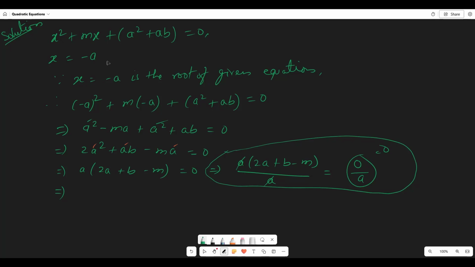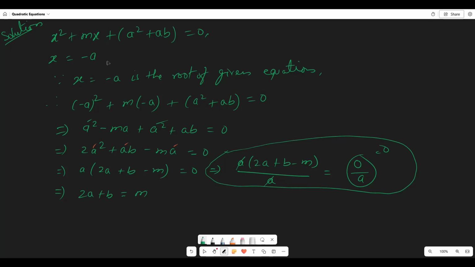So here we can directly write 2a plus b equals to m. The side of m will be changed, it will come into the right hand side, and since it is negative minus m in the left hand side, when it is balanced, we will add positive m on both sides.